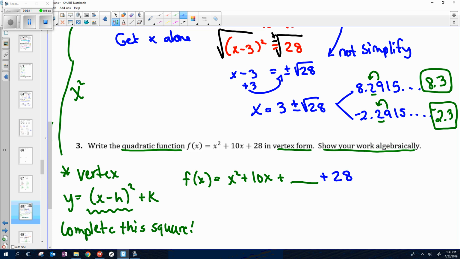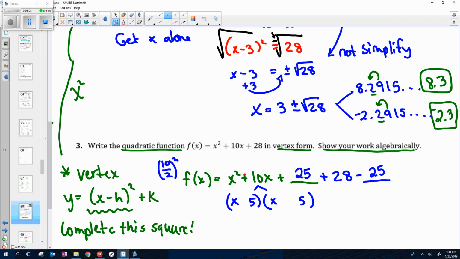When I add something in, I will need to take off that same amount. So I'm going to pretend to be factoring this for now, x and x. Splitting this evenly, the 10 split in half gives me a 5 and a 5. And then when I square that, I get 25. If I add in 25, I immediately subtract the 25 out, because that makes a 0.